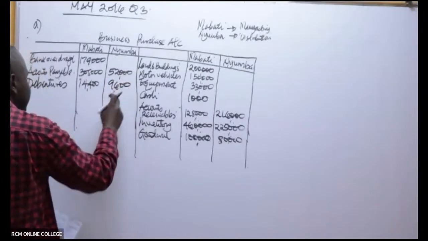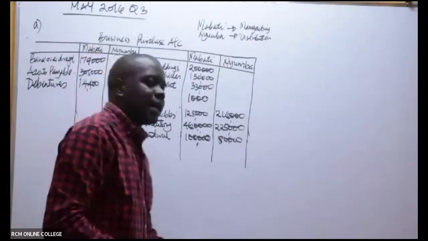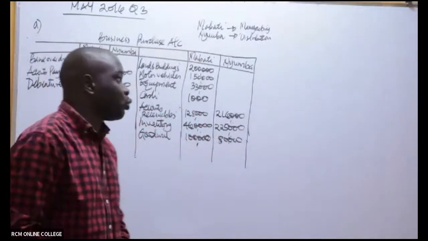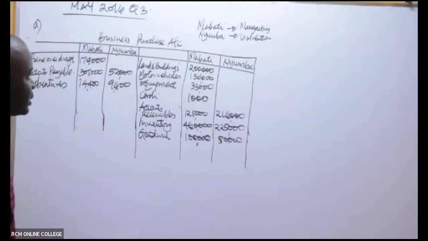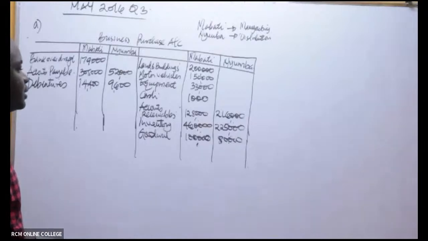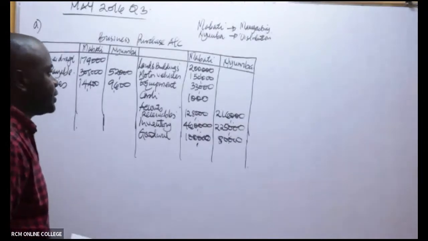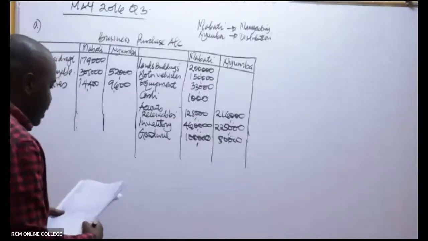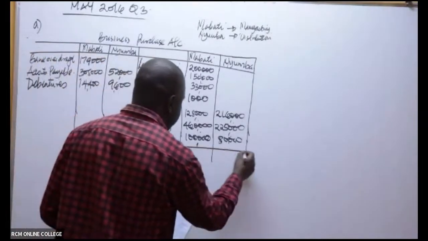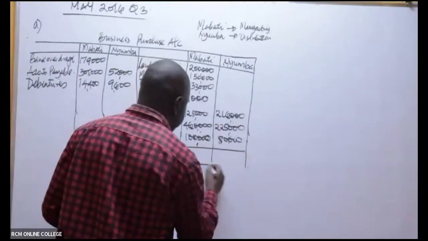If you add the 2, you get the 24 million bank loan. With that, we would have been able to transfer our assets and liabilities into the business purchase account, and therefore we can get the totals.